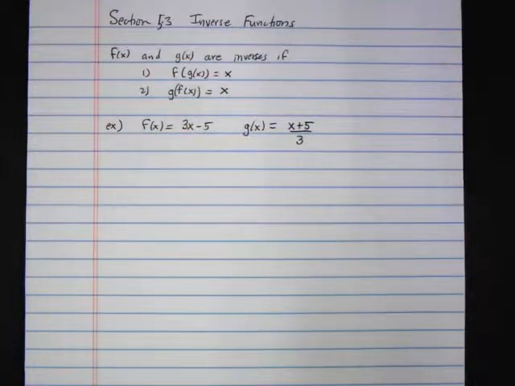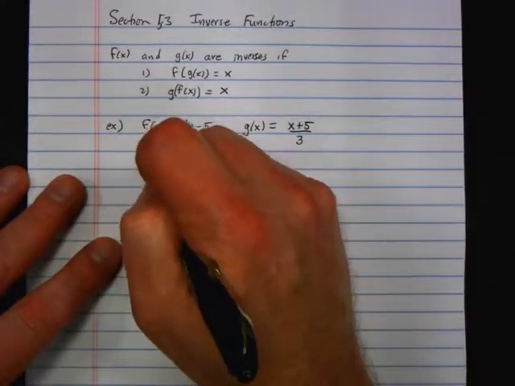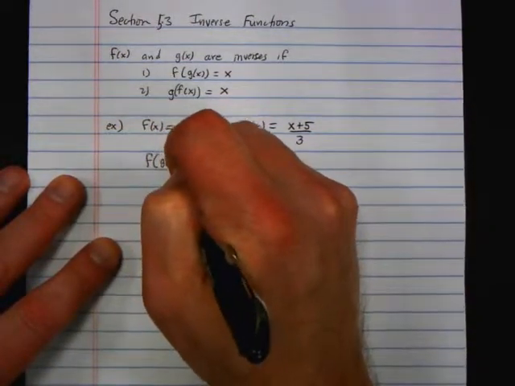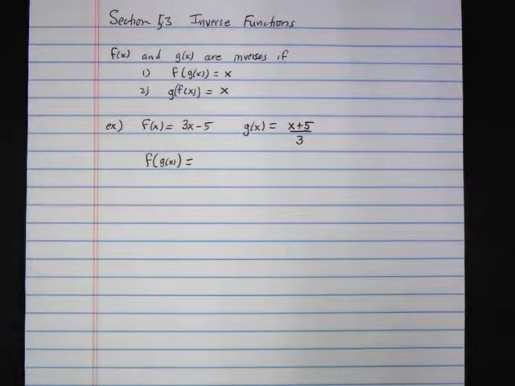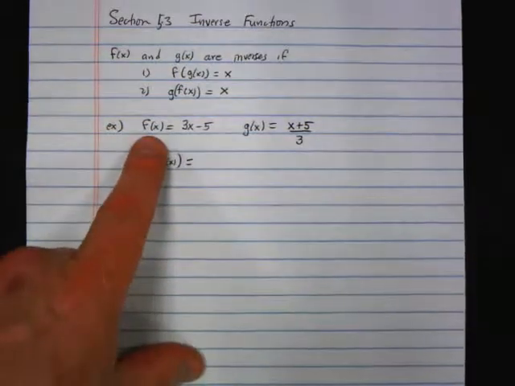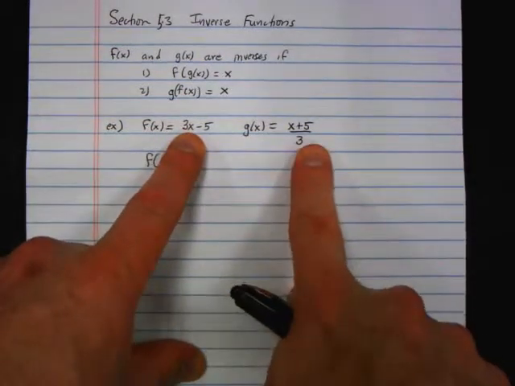Are those two functions inverses? Well, to see if they're inverses, what we have to do is compute f of g of x. And what does that symbol mean to do again? Where you have an x in f, you put the entire g. Right. You take the f function, wherever there's an x, you plug in the entire g function.